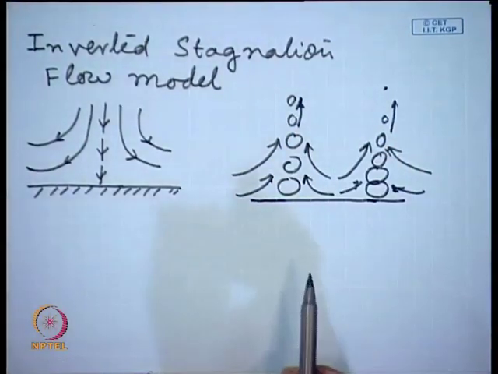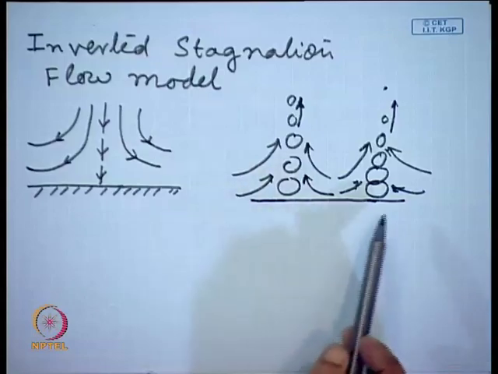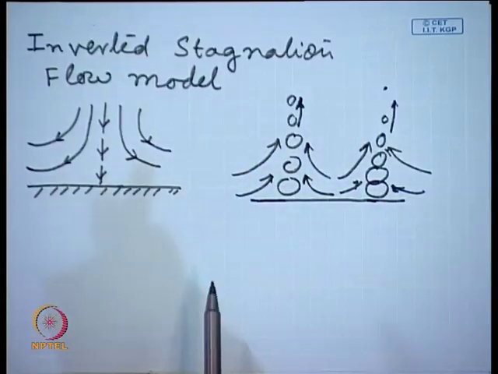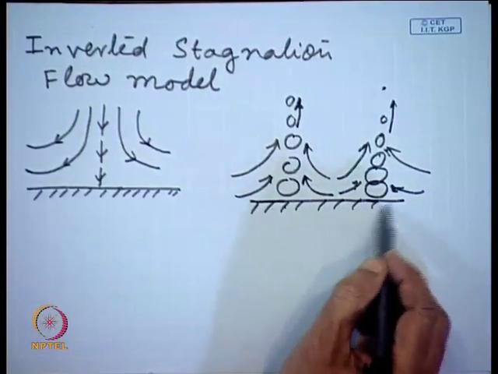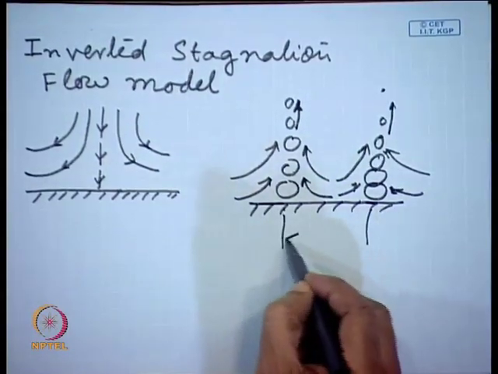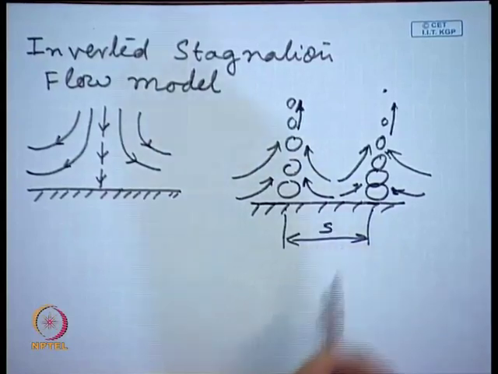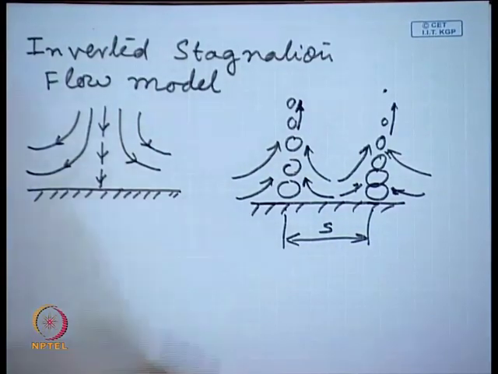So, it will draw fluid like this. So, you can see that this is reverse of stagnation flow, and we can assume that this is your S. The distance between these two are S.